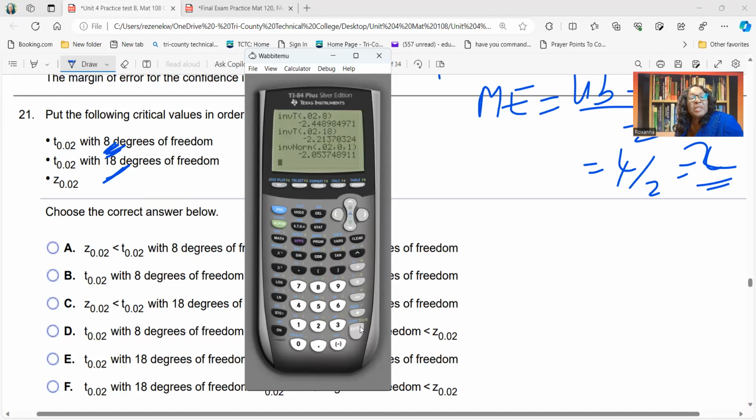And the inverse norm is the largest. In other words, the T with larger degrees of freedom is closer to the normal. Before you do it, I'll just draw it. Make sure, because they're negative, you don't want to be confused. And remember that you have answers in this.